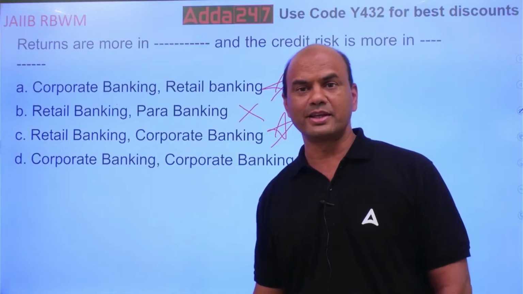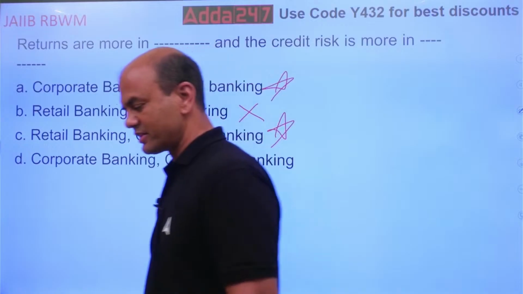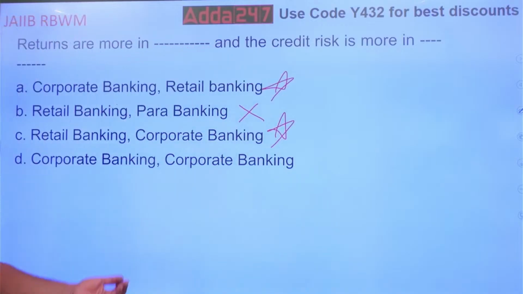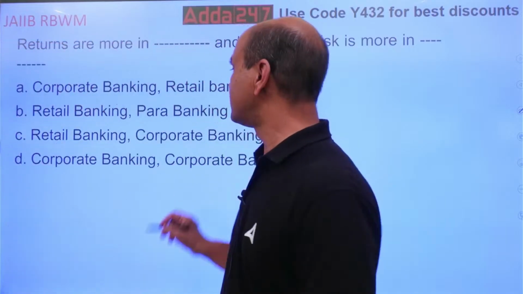Which one is true? Think of it, everyone. Or is it the last one, corporate banking? I may be wrong. You think? Both are more. Returns are more in corporate banking and credit risk is also more in corporate banking. Which one is true over here? Yes? So the answer is this.